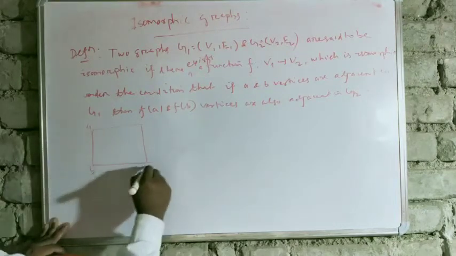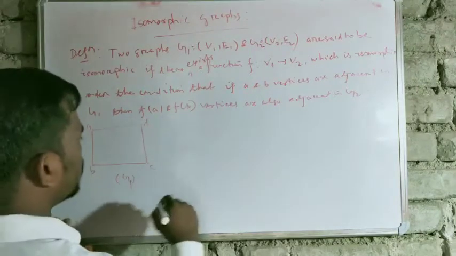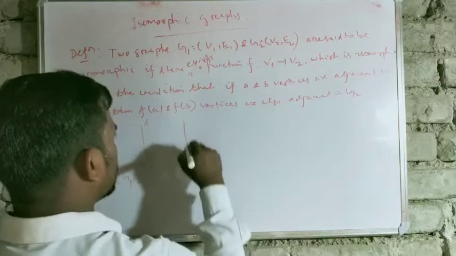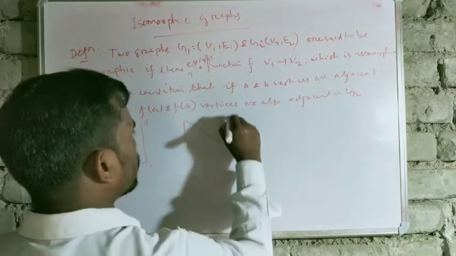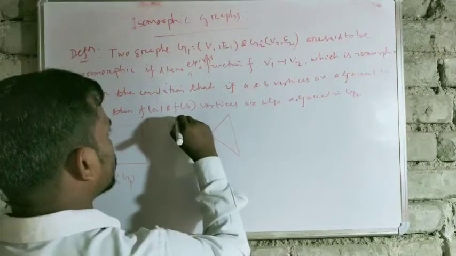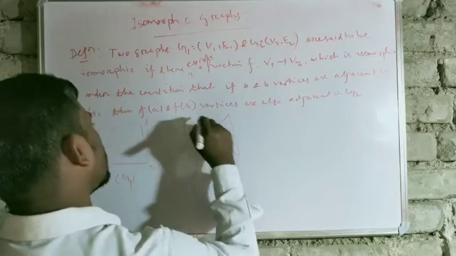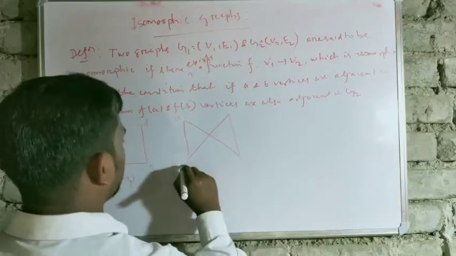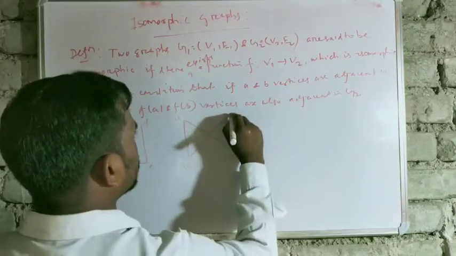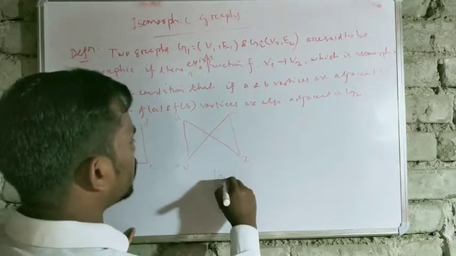Now this is your A, B, C, D. This is your graph G1, and this is another graph G2. Let this be U, V, W, Z, and this is your graph G2.